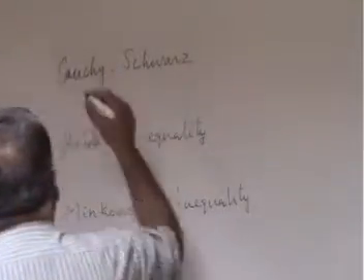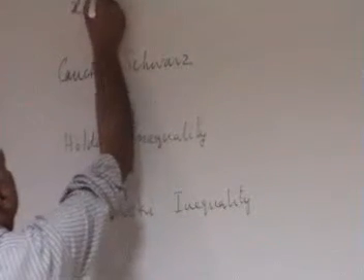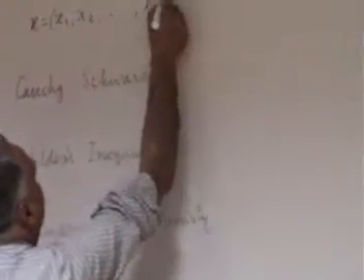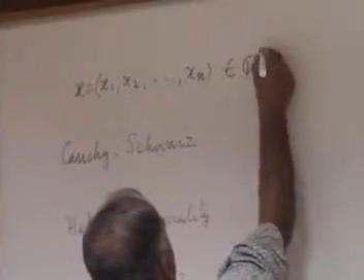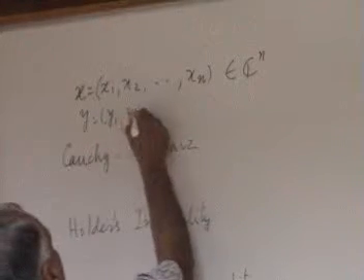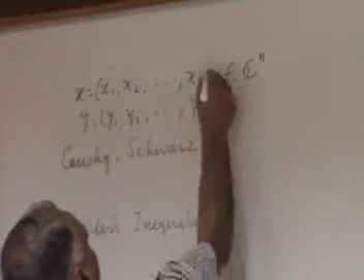So suppose I had vectors x1, x2, ..., xn, n components belonging to Cn, and y1, y2, ..., yn.